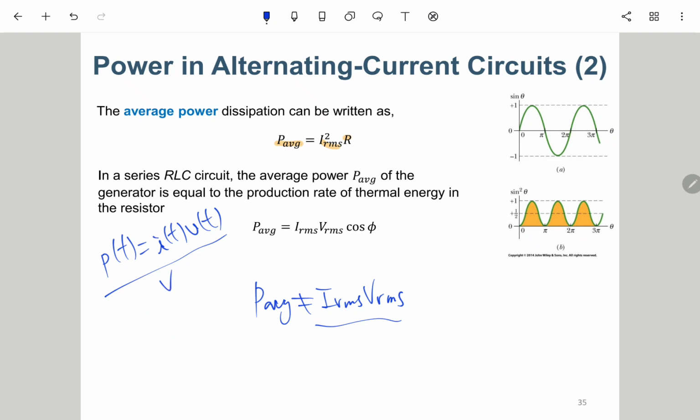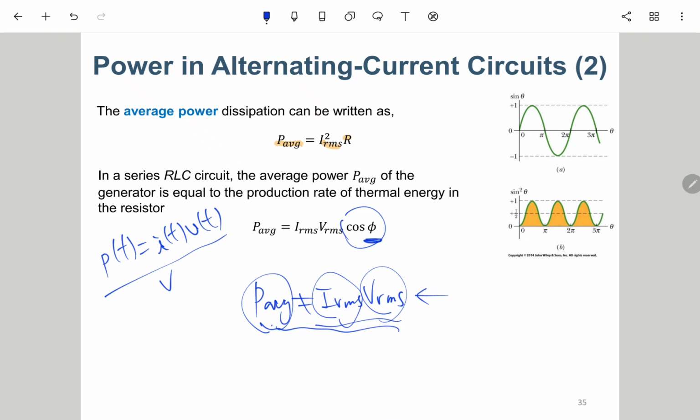That one is okay, but this is not correct, because this is the average power, this is the average current, this is the average voltage. This equation does not hold. The reason is that the current and the voltage are not in phase. If we have a phase here, they are a little bit off.